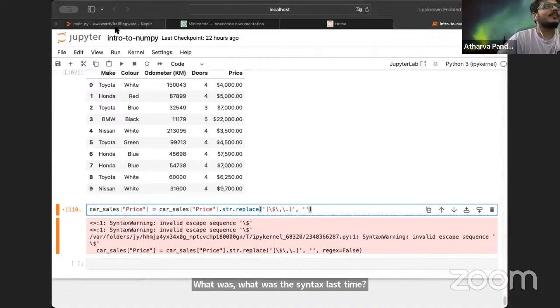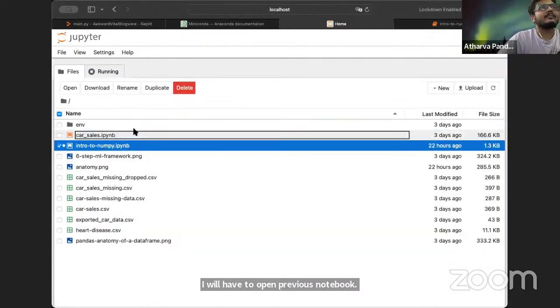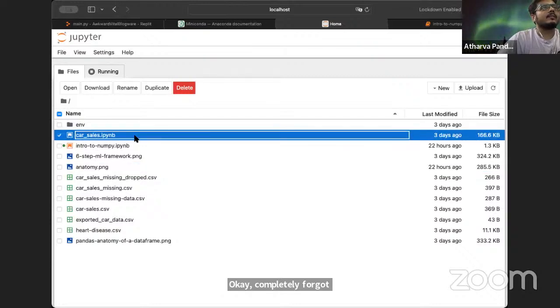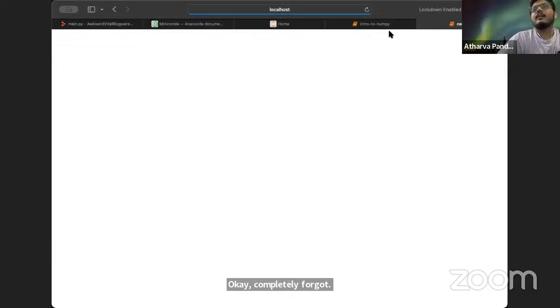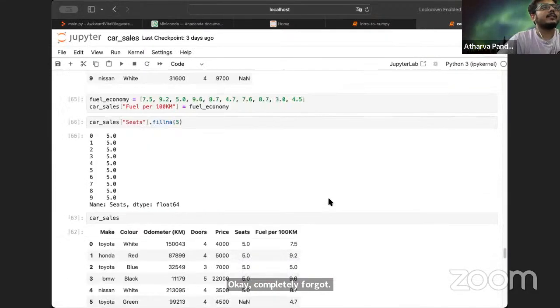I will have to open the previous notebook. So how did we get the price?